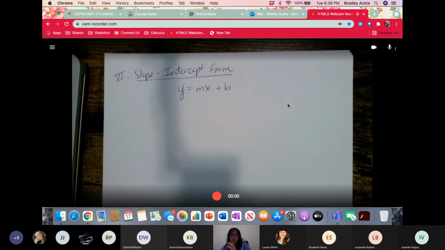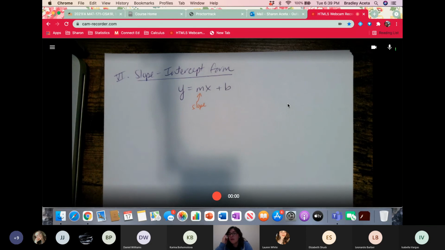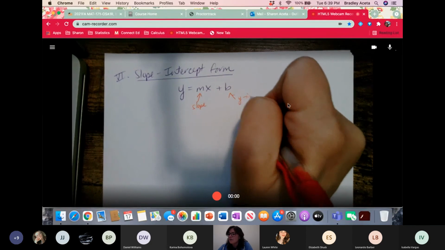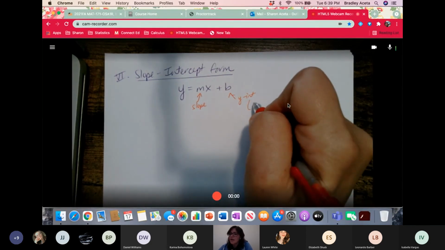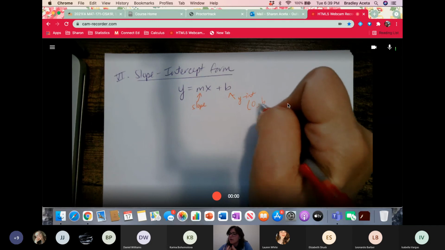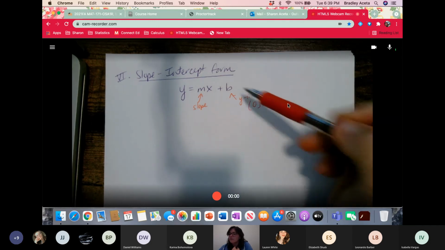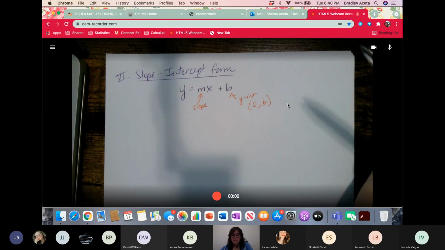And the reason why it's called slope-intercept form is because this is your slope. The number in front of x is always your slope. And this is your y-intercept, where it intersects the y. And it's usually written as a coordinate, 0 and then whatever that number happens to be. If it's a 5, it'd be a 5. Okay, so this is your slope-intercept form.